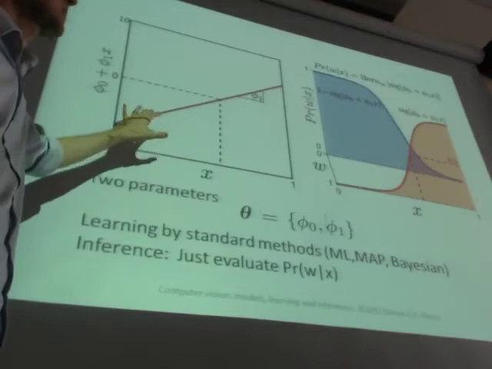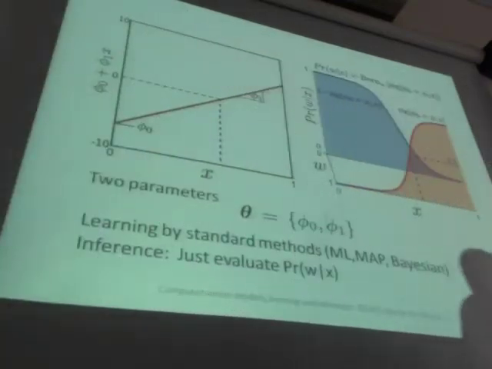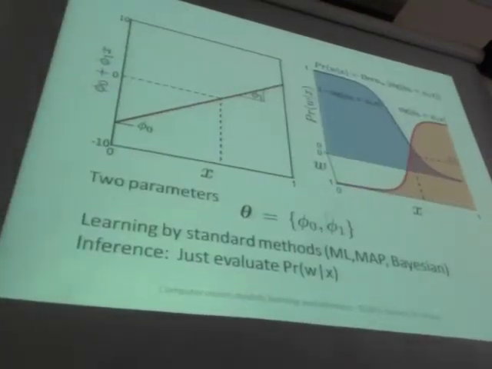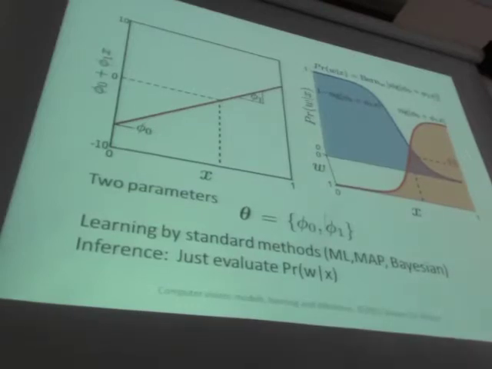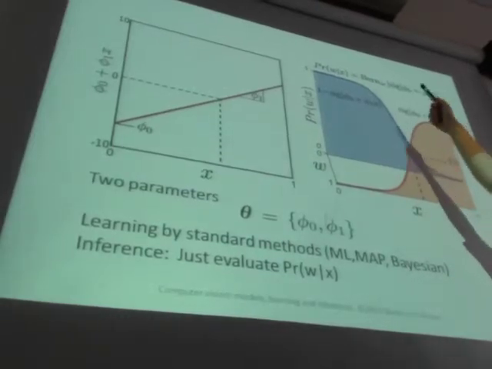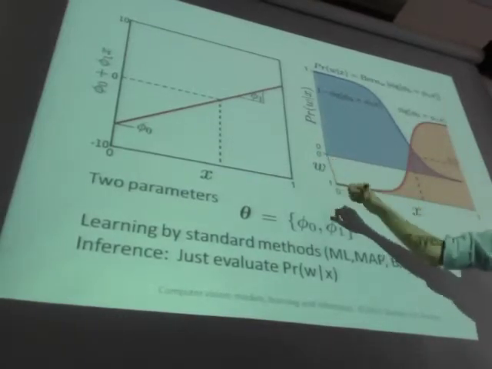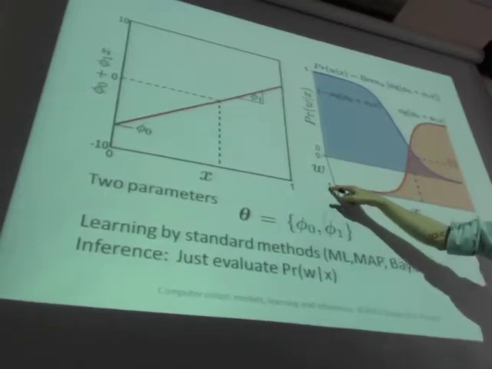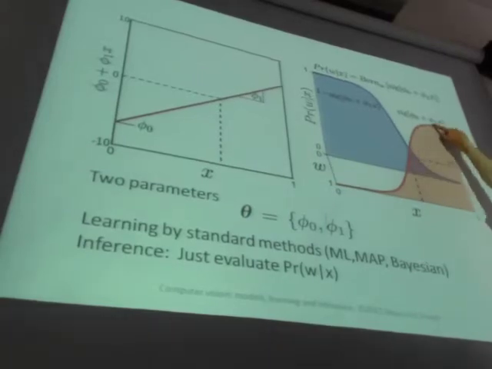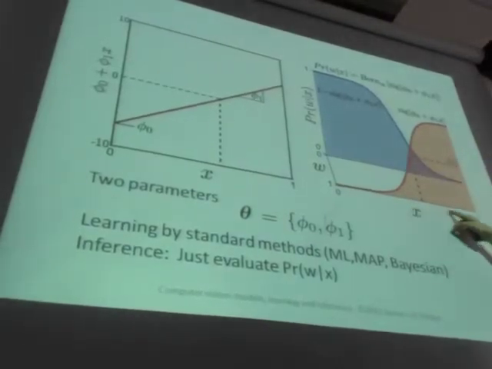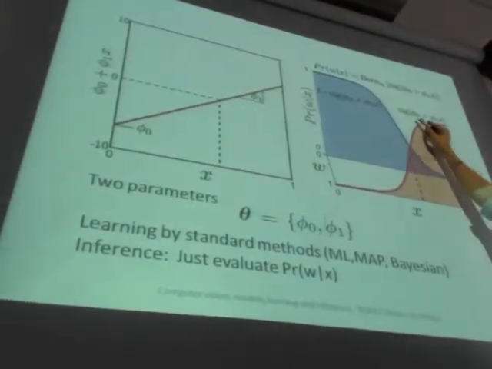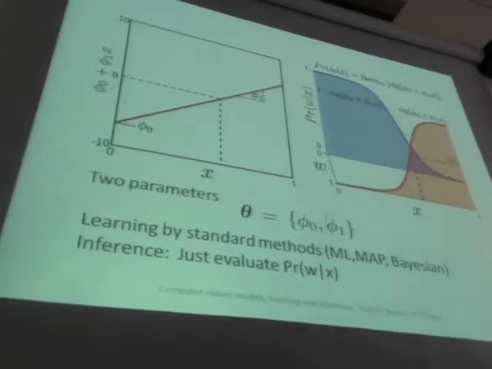You take this activation, you send it in as your function to your distribution, right? And your Bernoulli distribution for W will say, okay, probability of the world being in state W equals 1 looks like this red function for different values of x. Right? The activation is phi0 plus phi1 times x.